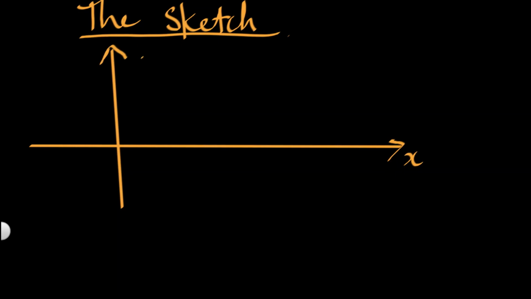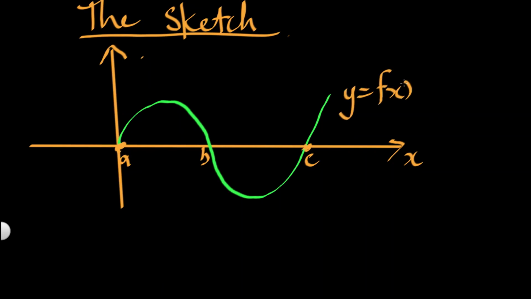Let us say you're looking for an area like this, and you are required to find the area enclosed by this function from this point here, let's call this point A, to this point B, and we have another point called C on this, and this is our y equals f of x. You are required to find the area enclosed by this function and the x-axis, which if you do the sketch, is this area here.